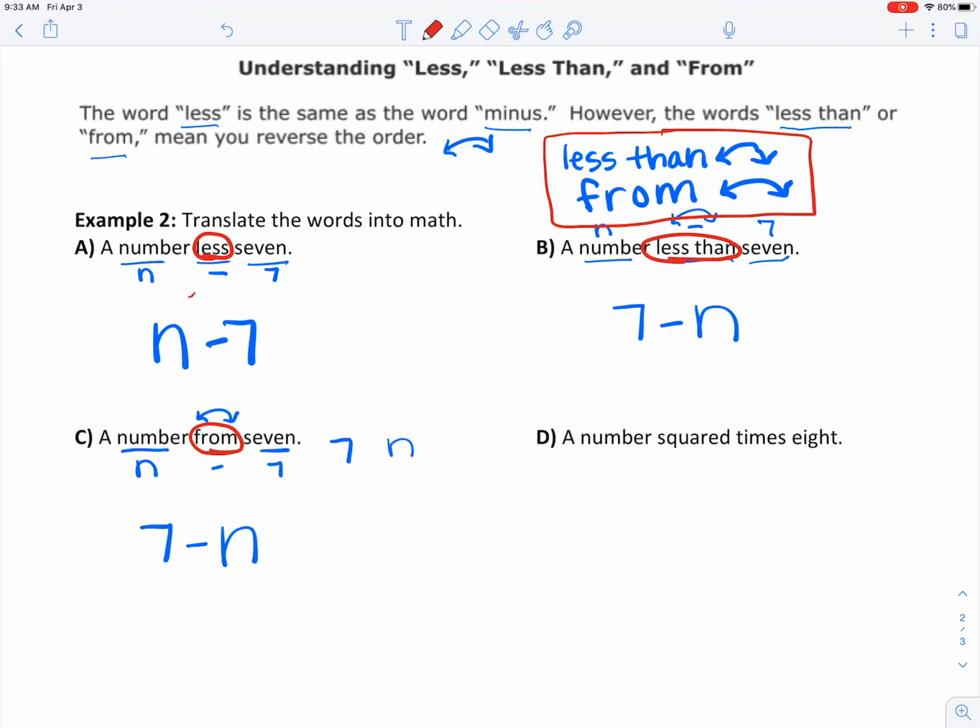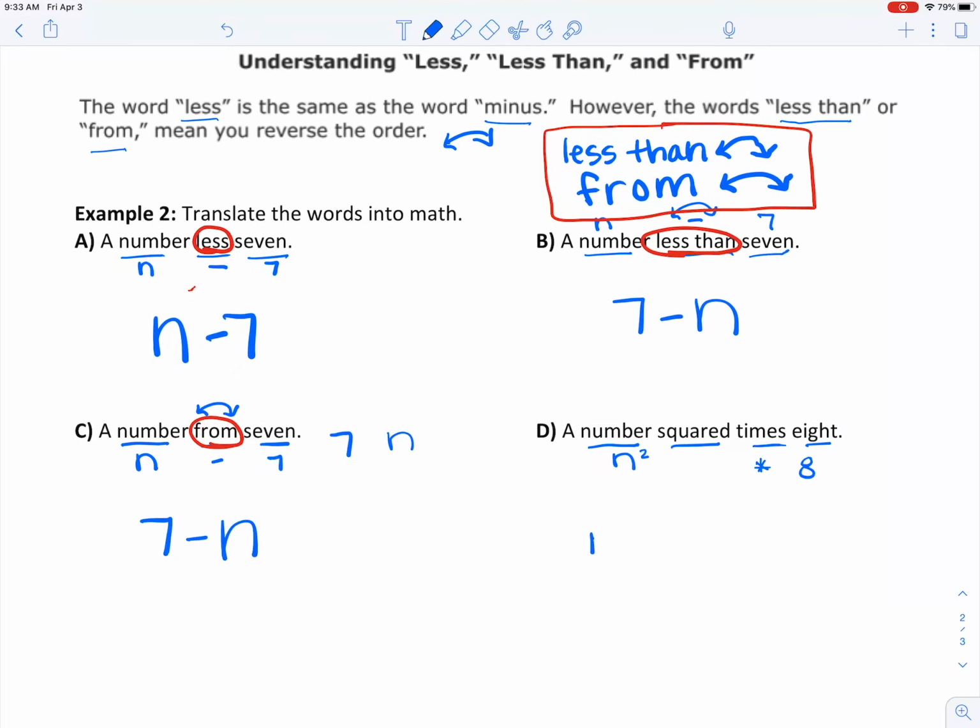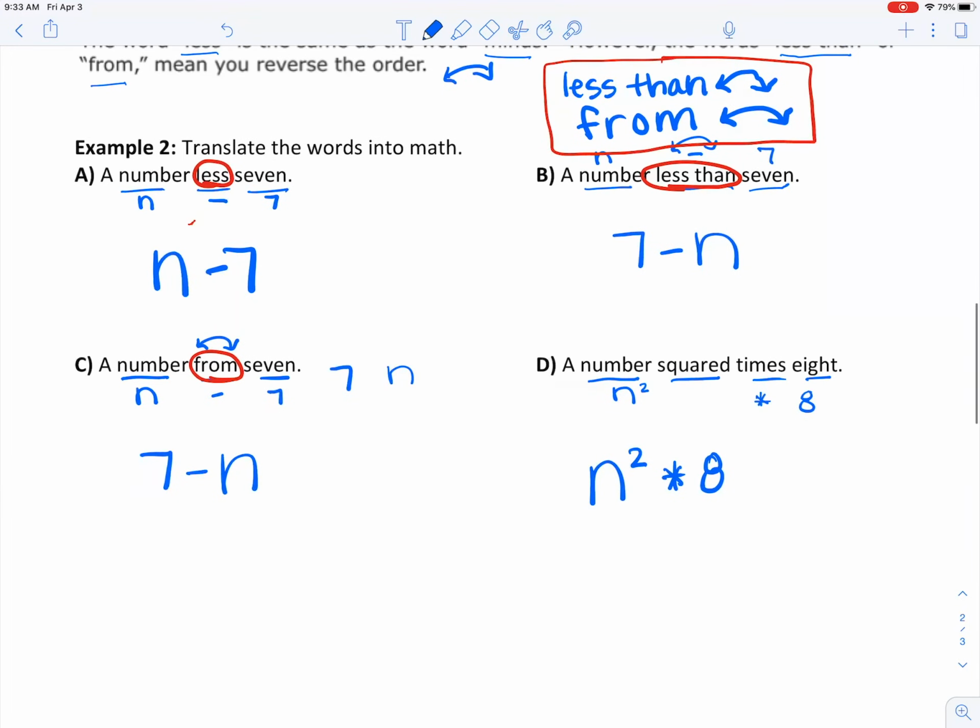Okay, so going back to letter D, a number squared times 8. So a number squared, remember squared means that little 2 up there, n times n, and then times 8. So we actually have n squared times 8, which would be an acceptable way to write that.